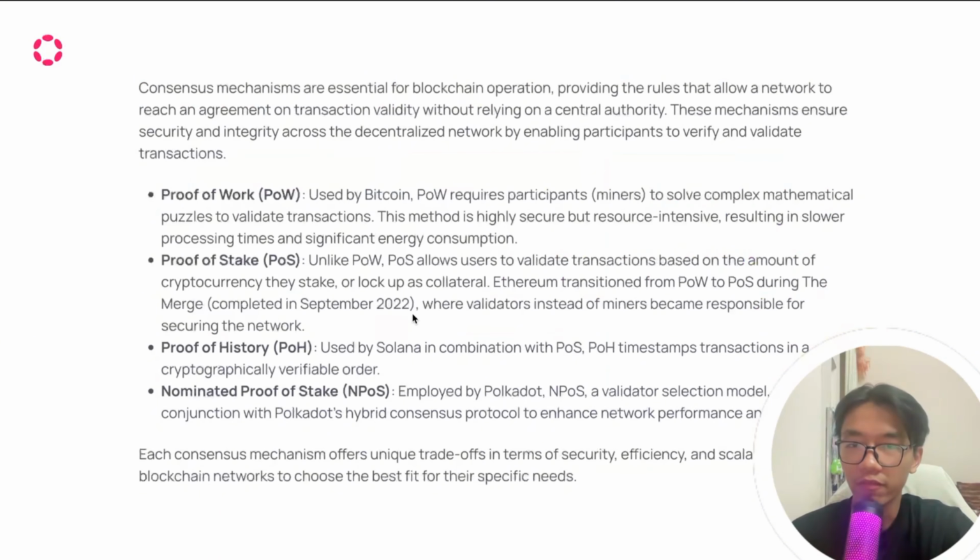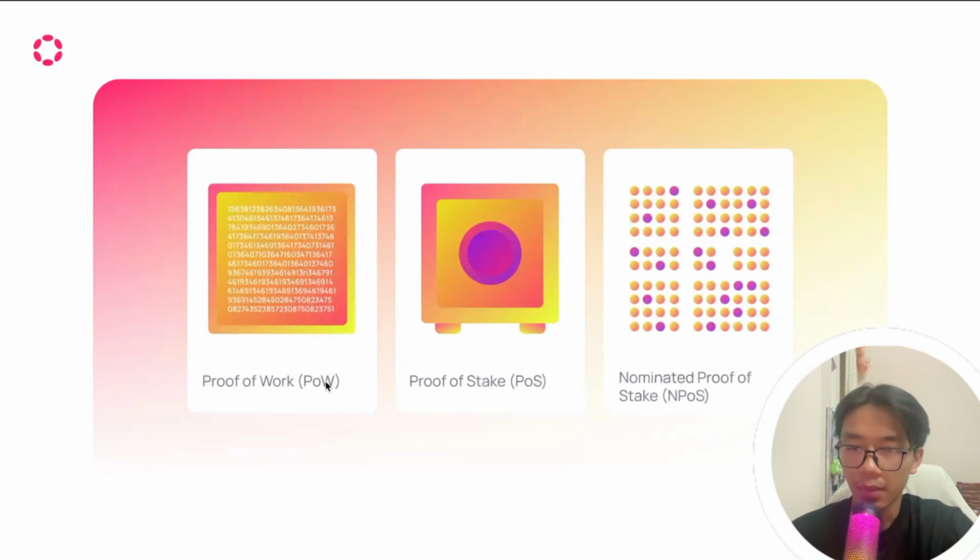In that way, we have consensus mechanisms that have different rules to reward and to punish the network participants. The most common ones are proof of work and proof of stake. Proof of work is used in Bitcoin and also early Ethereum.